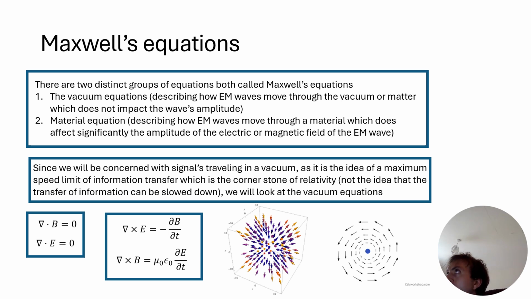Because according to Maxwell's equations, if mu naught and epsilon naught are both 0, so in other words light is travelling at an infinite speed, then the curl of the magnetic field is 0. So we would have the curl of the magnetic field is 0, but we know from one of Maxwell's equations the divergence of the magnetic field would also be 0.